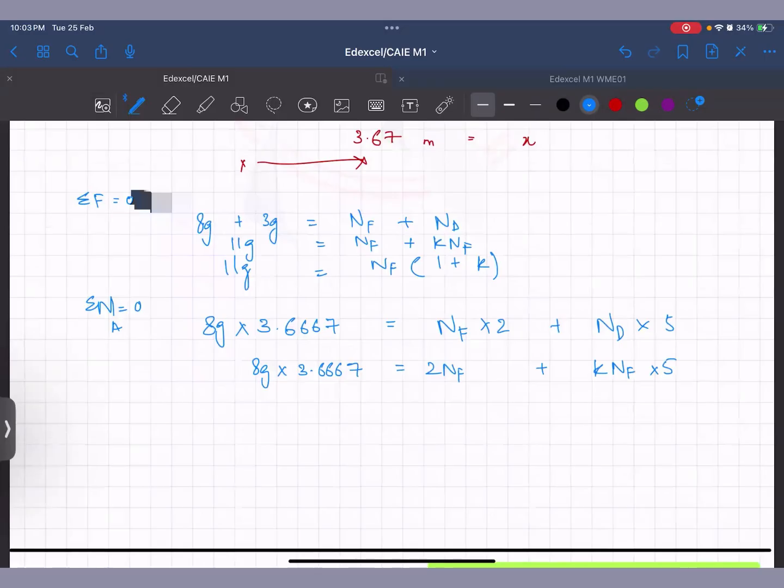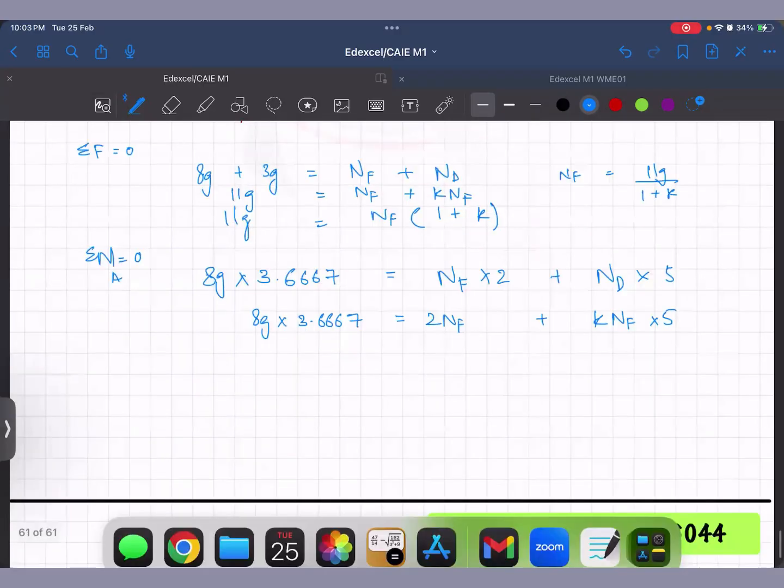Again, we would need to solve this simultaneously. So what we can do is NF over here is equal to 11g upon 1 plus K. And this can be replaced over here.